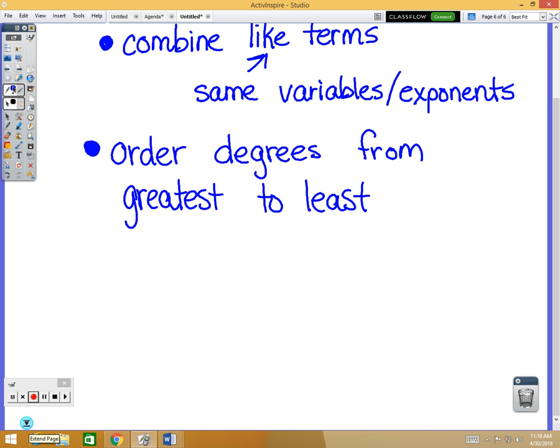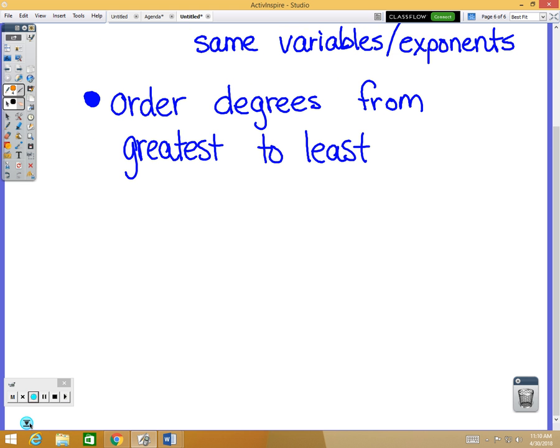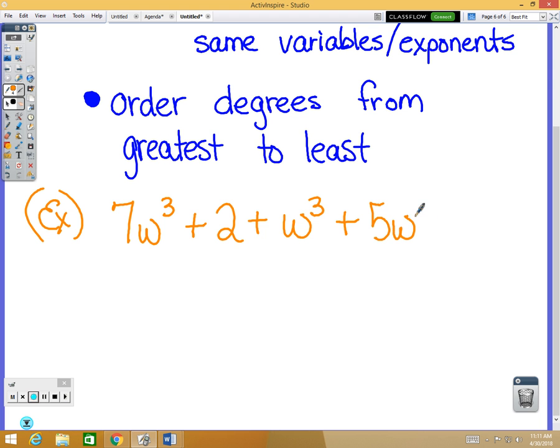I'm going to write a polynomial up here that is not in standard form, and we're going to put it in standard form. So 7w to the third power plus 2 plus w to the third power plus 5w to the second power minus 5.